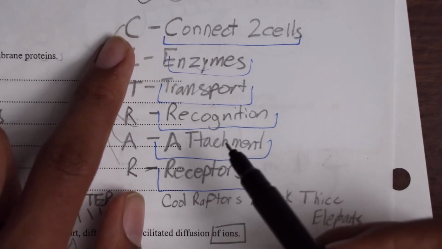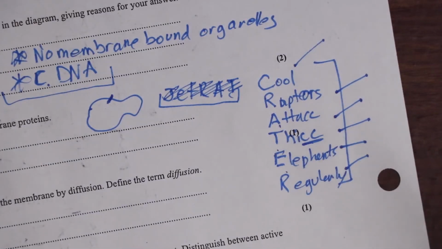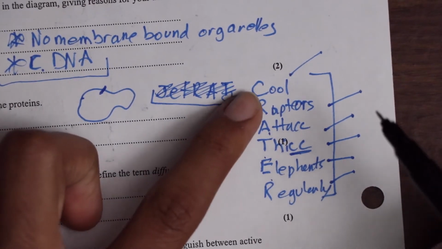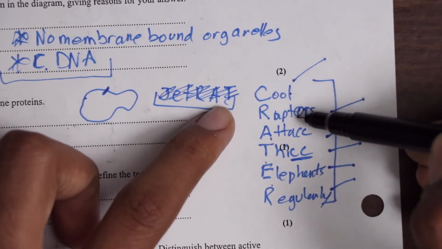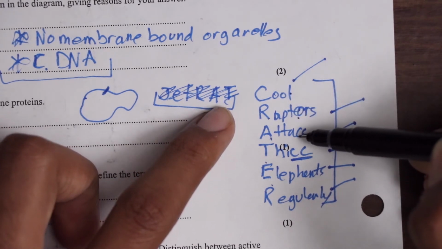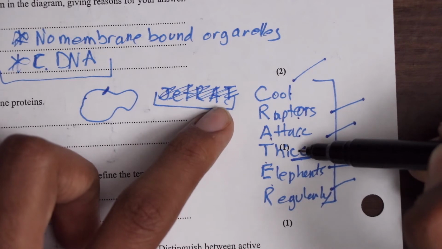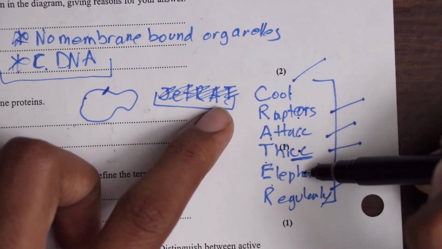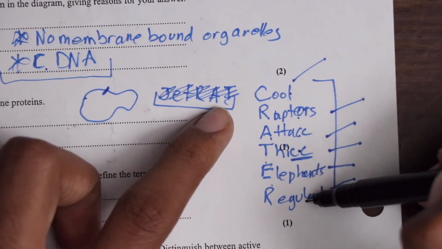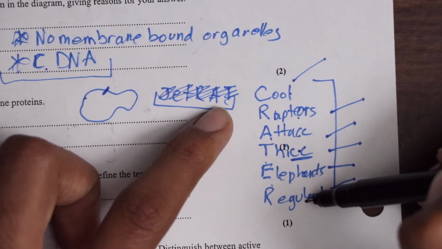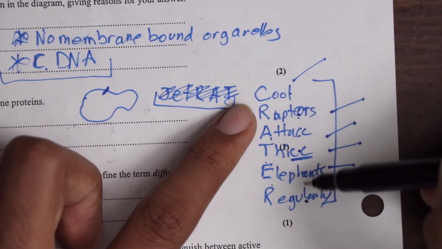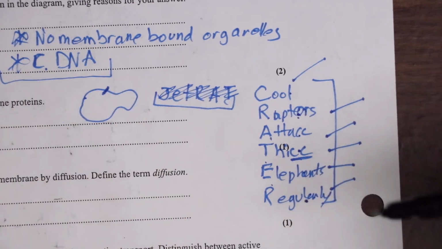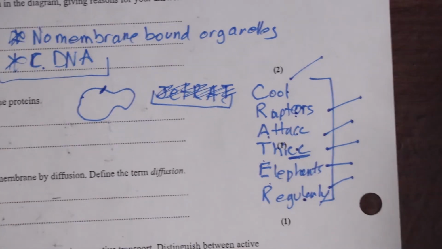This isn't in order, but you get the idea. So, just memorize that. We got connecting, receptors, attachment, transport, enzymes, and then recognition. Just remember, recognition, receptors, it doesn't really matter as long as you got it down.